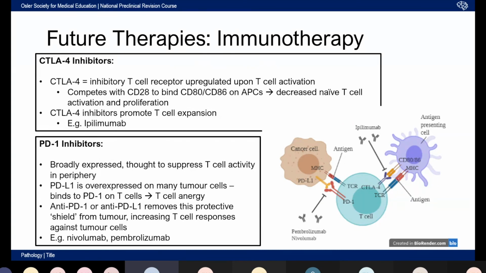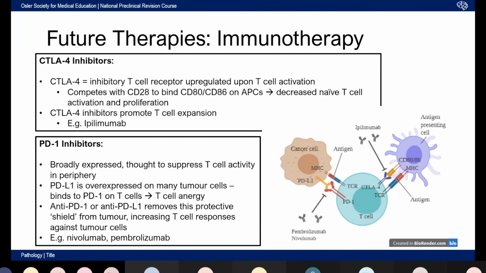So this slide is talking about checkpoint inhibition therapy, which is a type of immunotherapy. And checkpoint inhibition therapy is actually already approved for certain types of cancer. So there are CTLA4 inhibitors, and CTLA4 is an inhibitory T cell receptor that's upregulated upon T cell activation. CTLA4 competes with CD28 to bind to CD80 or CD86 on antigen-presenting cells.